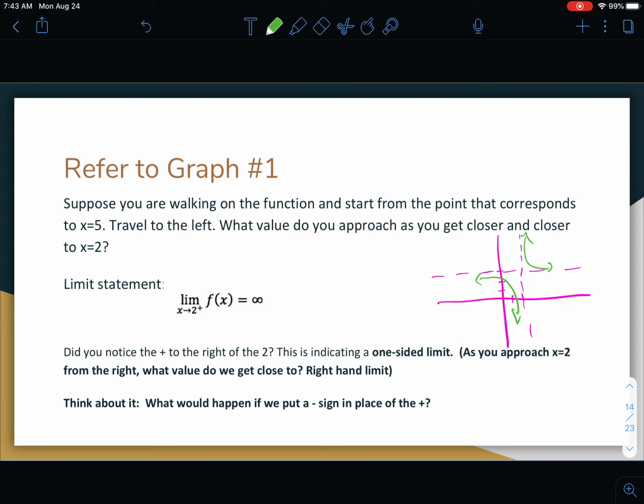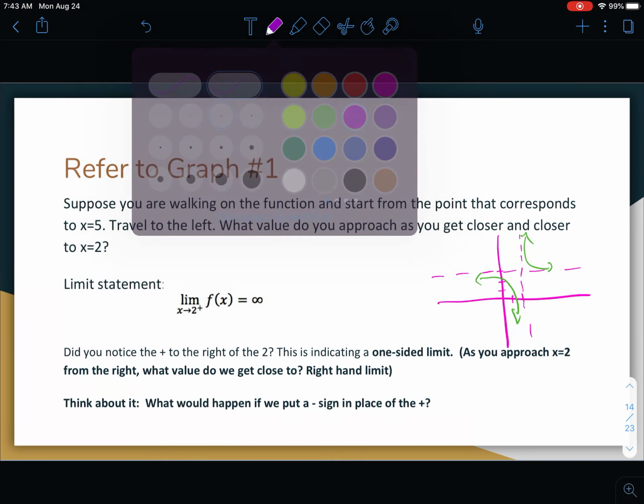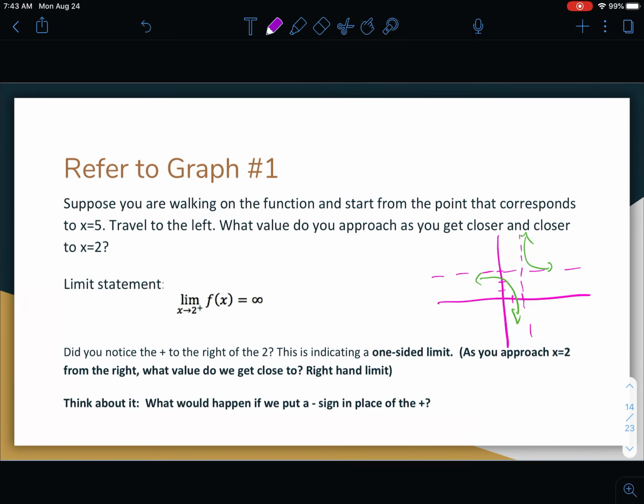Okay, so this is saying, hey, go ahead and you're at the point x equals 5. So that was what you already had plotted. So let's say it's somewhere here. Okay, and I think that was 3 1/3 was the output. Okay, travel to the left. Okay, so follow me. We're walking right along this. What are we getting closer and closer to?